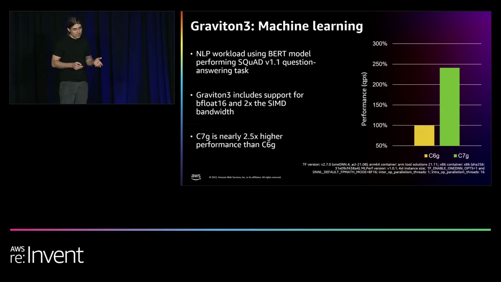As you can see here, with the use of the SIMD coprocessors and the BF16 present in Graviton V3, C7G managed to achieve 2.5 times more performance than Graviton V2, which is very good for most of the models.